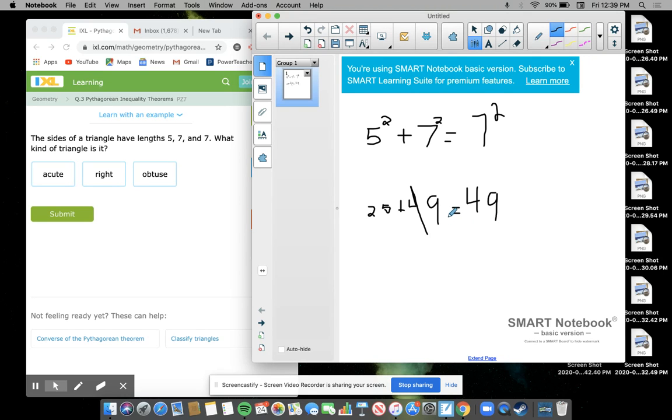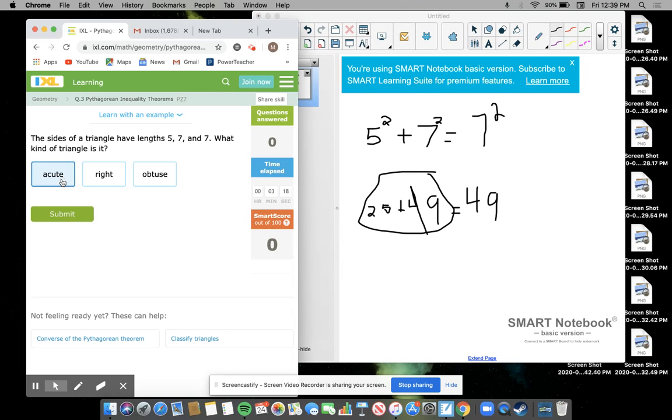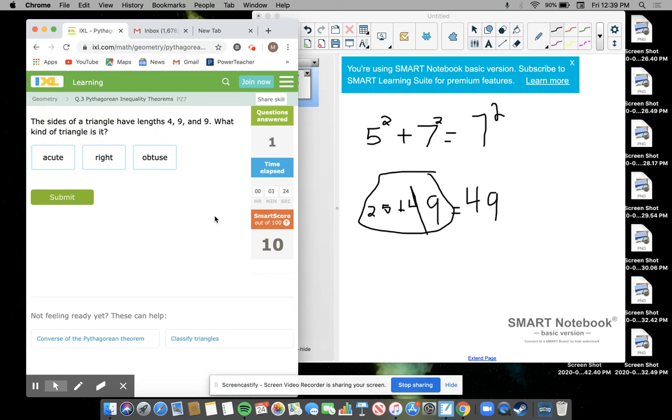And like we talked about yesterday, that means that this is an acute triangle. Okay? I don't even really need to know this number on this side. If this is 49 and that's 49 and something's being added to it, this side's obviously going to be bigger. So this triangle is acute by the rule we learned about which side's bigger.